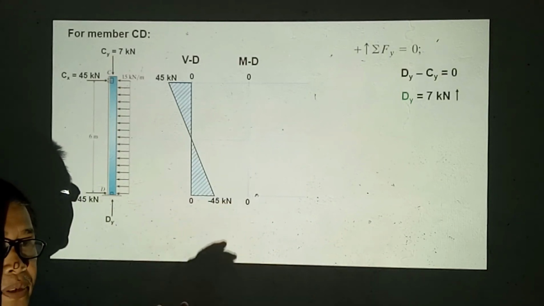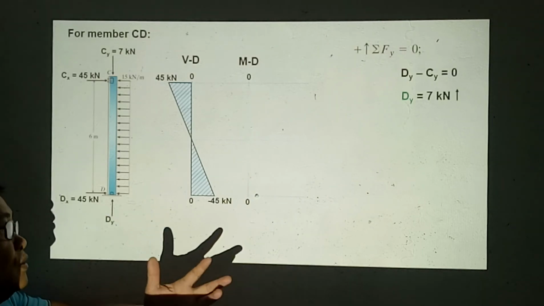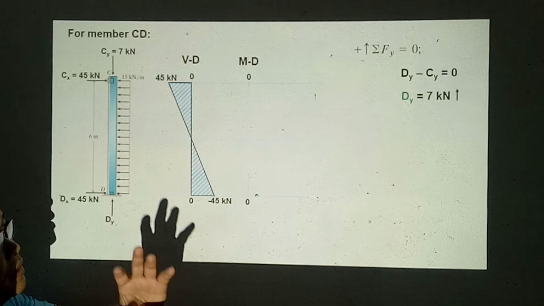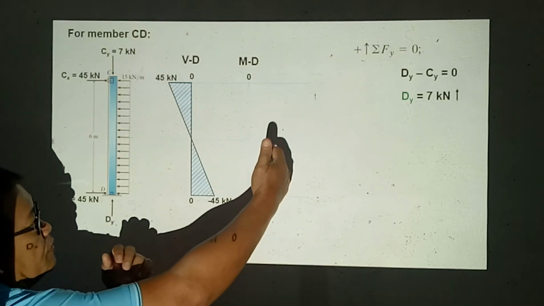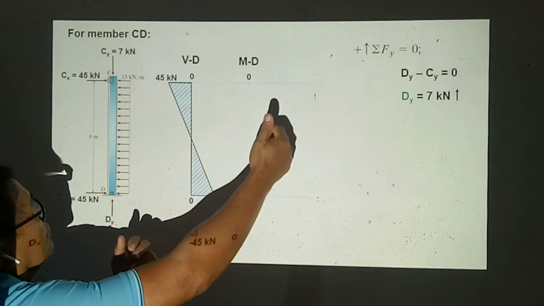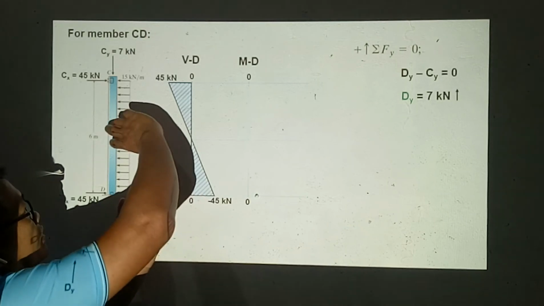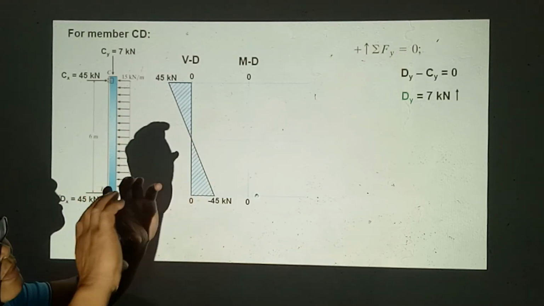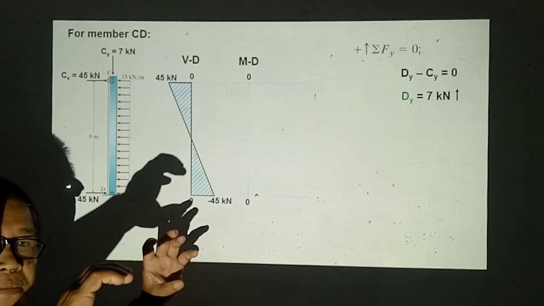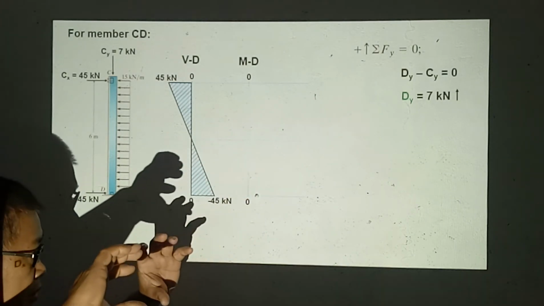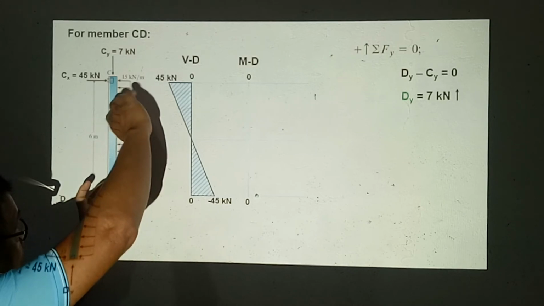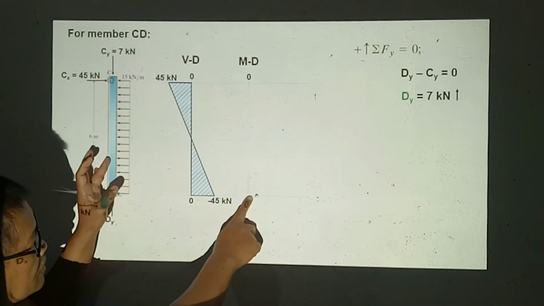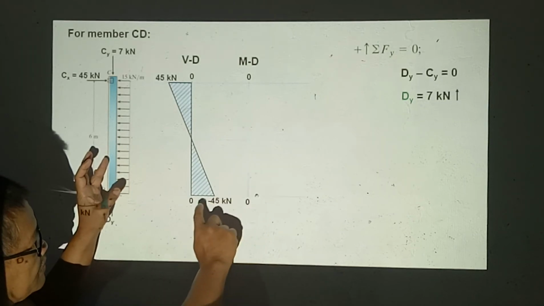As I mentioned earlier, for columns, to draw the moment diagram correctly, we just imagine that we are looking from this direction towards the member, and we need to rotate it 90 degrees and picture it out as a beam. Okay, so this column becomes a beam when we rotate it 90 degrees, and then we proceed with drawing the moment diagram.